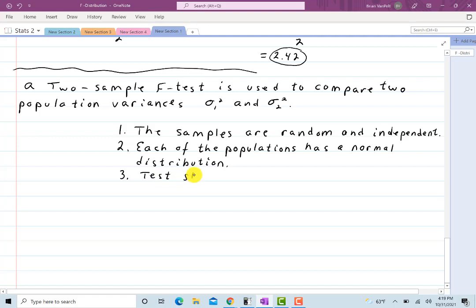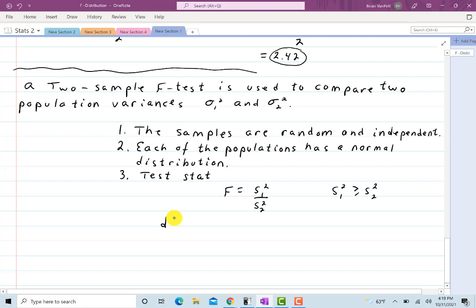Our test stat will look like this. And we'll always force it so that S1, the numerator, is greater than or equal to S2. That way the F values are always at least 1.